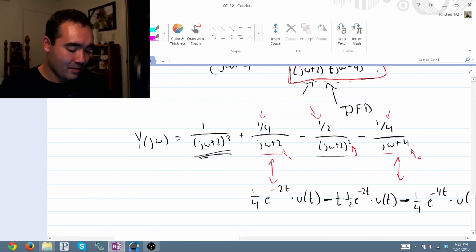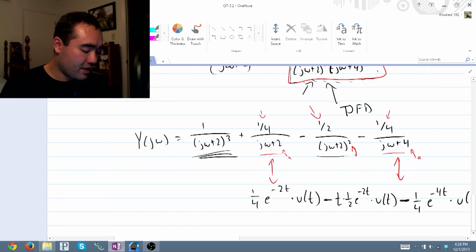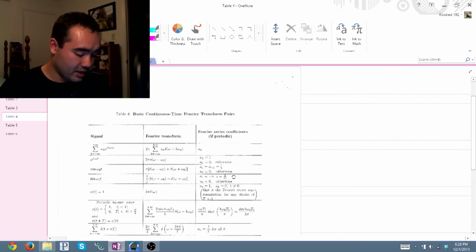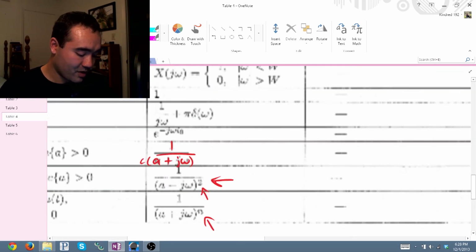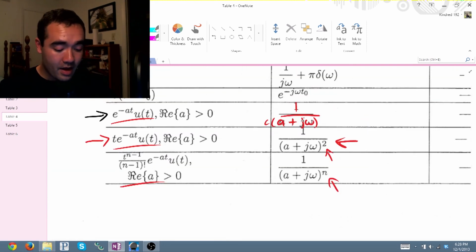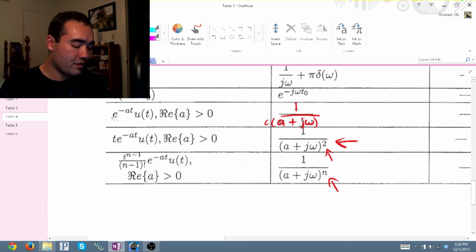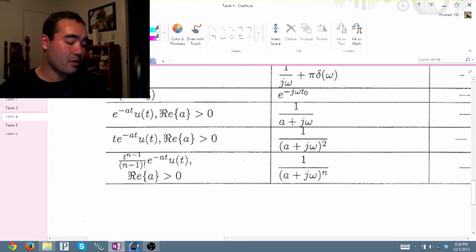We're missing this guy on the left. The reason I saved him for last is because we need to use the general form of the expression. So we have 1 over a plus j omega to the power of n, just some arbitrary power here.